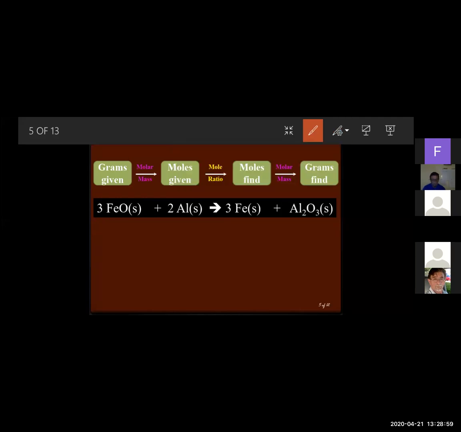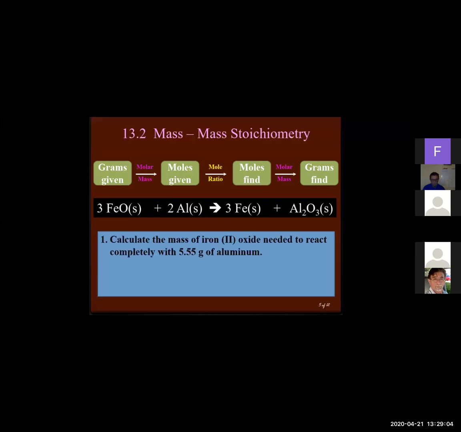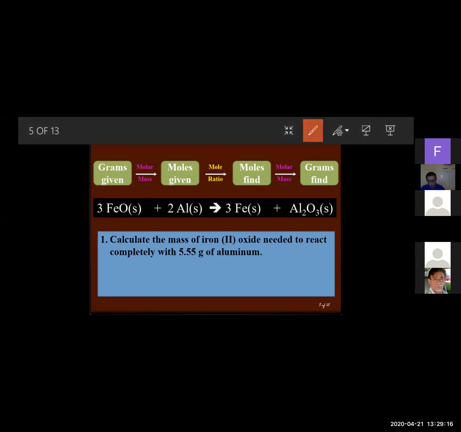They're asking you here in the question: calculate the mass of iron(II) oxide needed to react completely with 5.5 grams of aluminum. What we're concerned about is simply the iron(II) oxide and the aluminum.